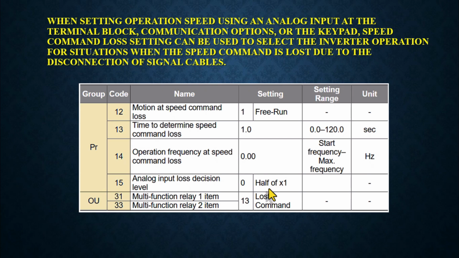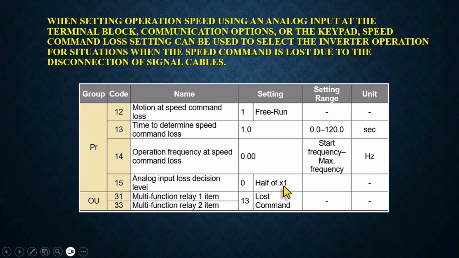When the inverter detects that your analog input has dropped below 2 milliamps, it issues a speed command loss error. But its second option is exactly the first point of the analog input itself, which is 4 milliamps, depending on the setting you've made. Now, in some places, they might consider this as 6 milliamps or 8 milliamps, depending on that first point you set.